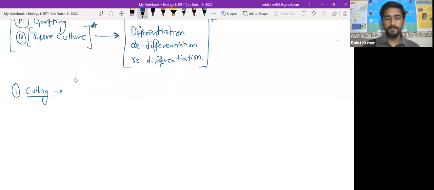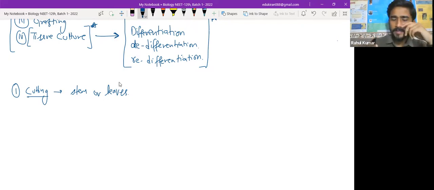Okay. So let's define it. Write down. In this process, a part of the plant, specifically stem or leaves, is cut.